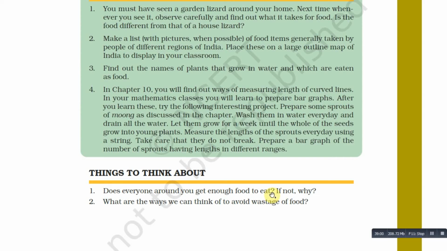If not, why? Think about it. If you are not getting an answer, you can ask me, you can ask your friends, you can ask your elders at home. What are the ways we can think of to avoid wastage of food? That is the second question to think of.